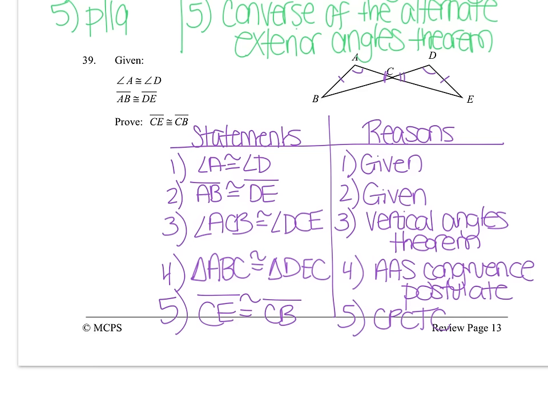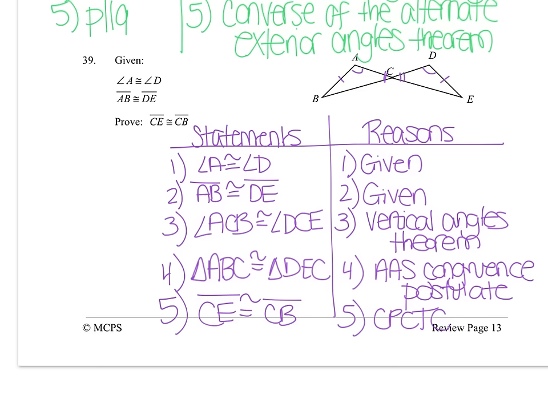If C is the midpoint of BE, then we know that BC is going to be congruent to CE. We're also told that AB is congruent to DC. And finally, we're told that AB is perpendicular to BE and DC is perpendicular to BE. Therefore, we know that this is going to be a right angle, as is this. And we can prove the two triangles are congruent by side angle side.